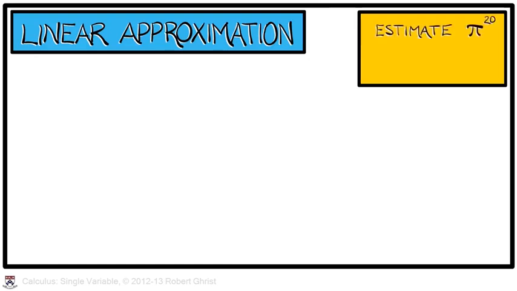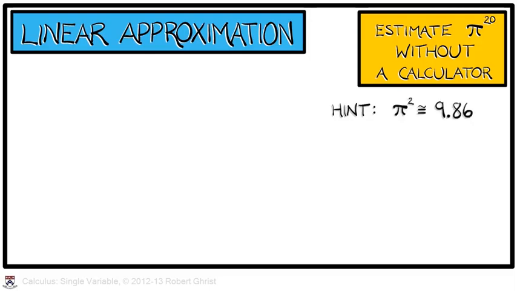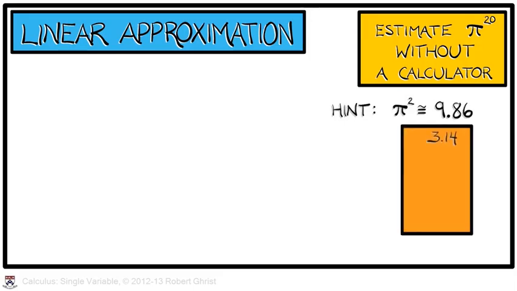Consider a different example. Let's try to estimate pi raised to the 20th power without using a calculator. Here's a hint. If you look at pi squared, that's pretty close to 10. It's roughly 9.86. I'll let you do the math without a calculator to verify that one fact.